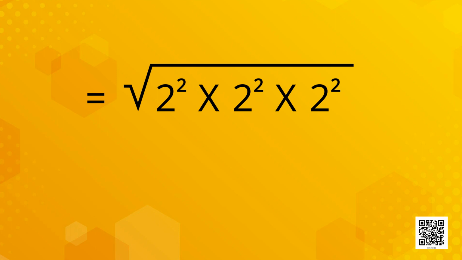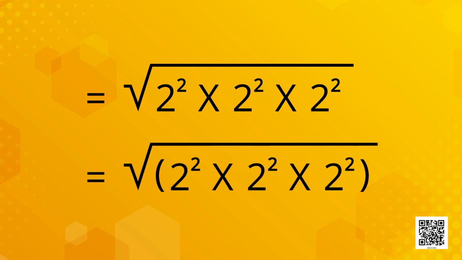So next line we are left with under root 2 squared multiplied by 2 squared multiplied by 2 squared. And in the next line we can write them as 2 multiplied by 2 multiplied by 2 within brackets whole squared.